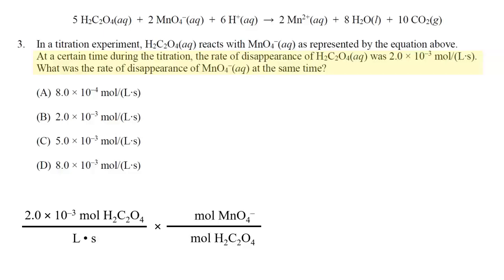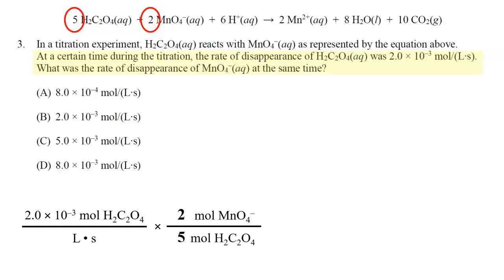And now I can see very clearly whether it's going to be 5 over 2 or 2 over 5. I've got my coefficients. So 5 moles of oxalic acid react with 2 moles of permanganate in this chemical equation. So the 2 goes on top next to the permanganate ion, and the 5 goes on the bottom next to the oxalic acid.